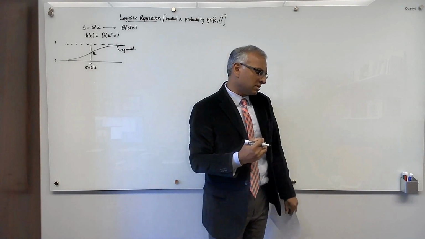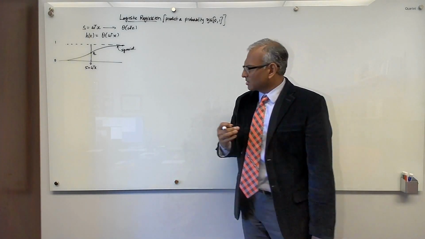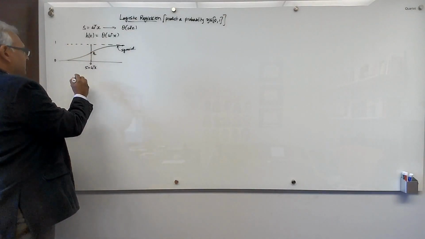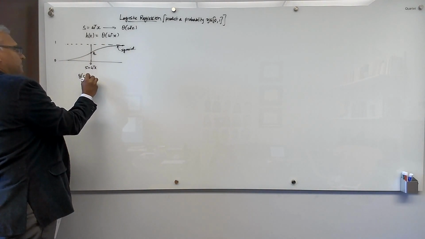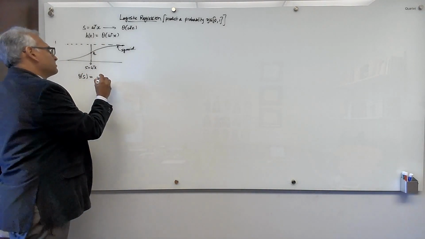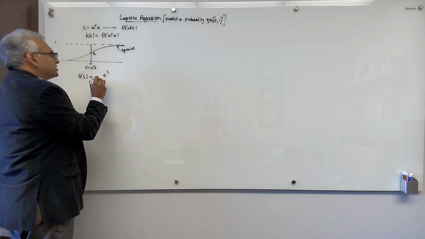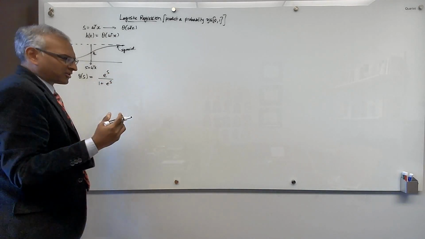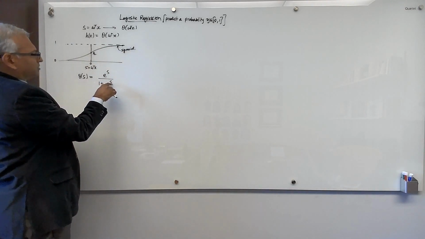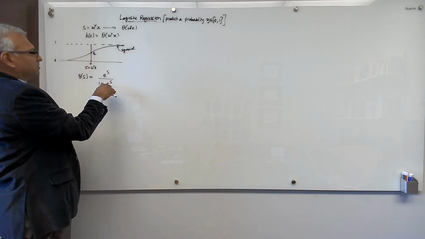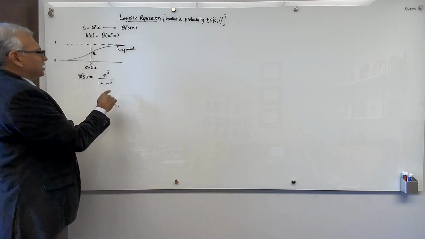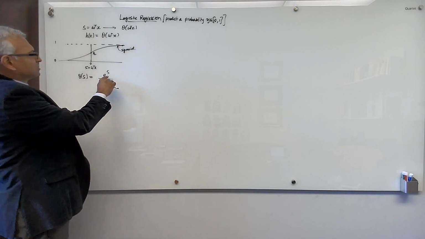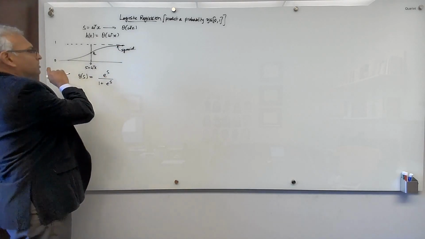The sigmoid we're going to choose has this form: theta of s equals e to the s divided by 1 plus e to the s. You can easily verify the two limits: when s goes to infinity, you get e to the s over e to the s, which is 1. And when s goes to minus infinity, you get 0 over 1 plus 0, which is 0.